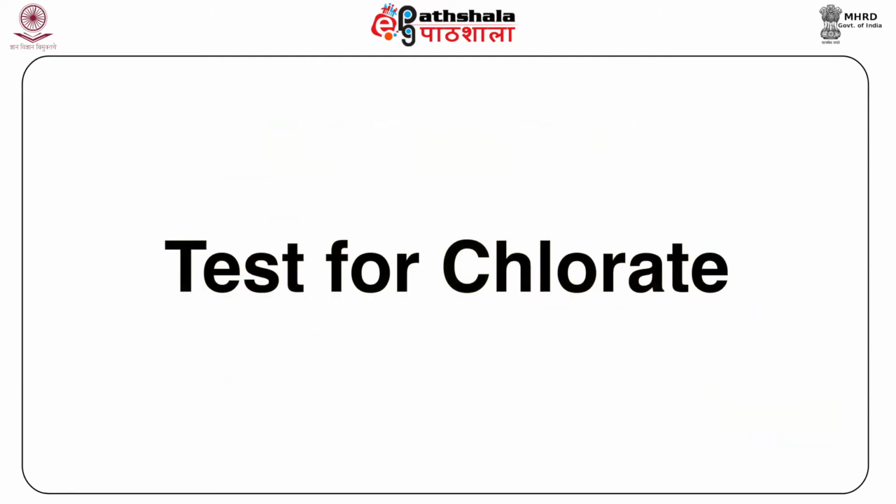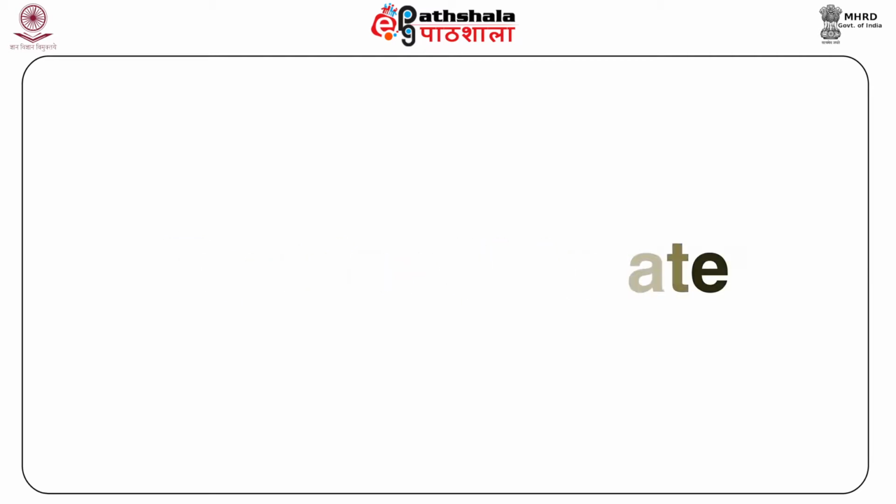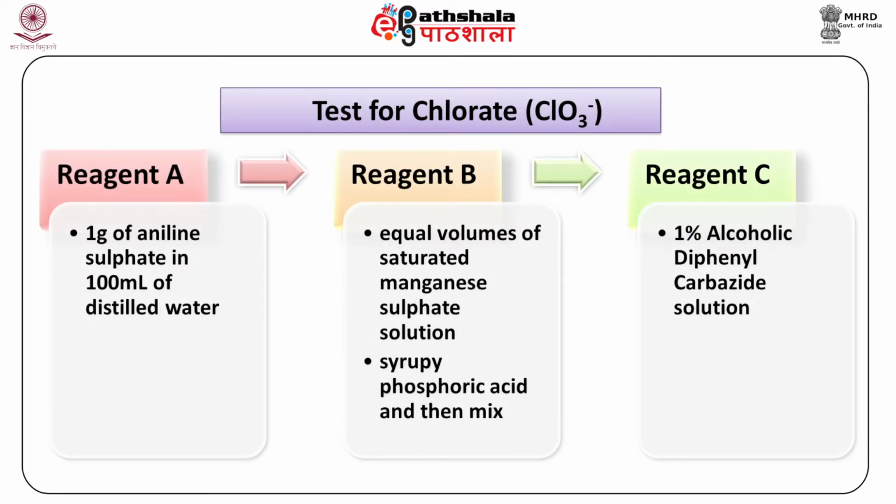Test for chlorate. To confirm the presence of chlorate in the given sample, we will have to prepare the following 3 reagents. Reagent A is prepared by dissolving 1 gram of aniline sulfate in 100 milliliters of distilled water.